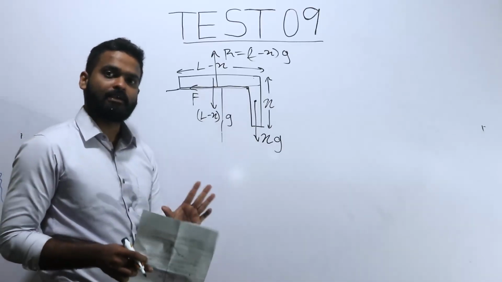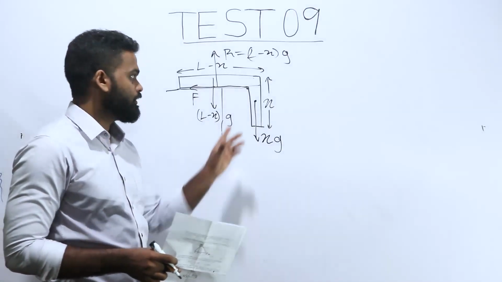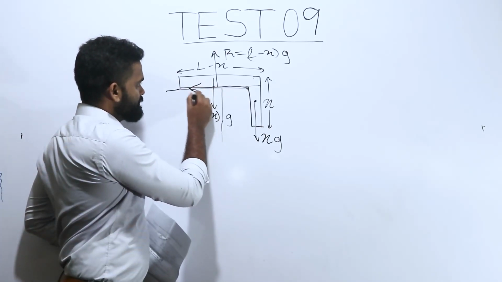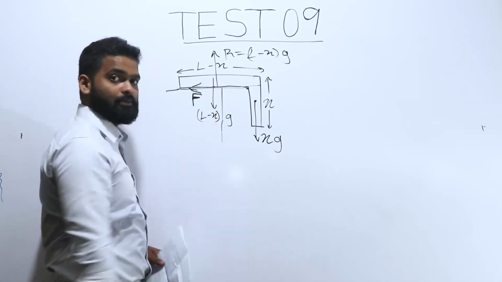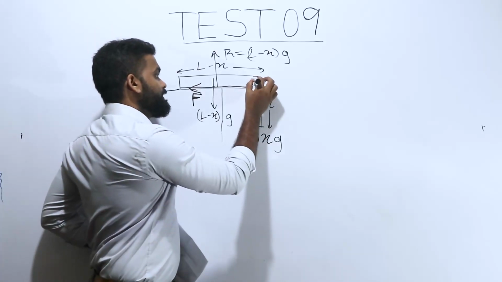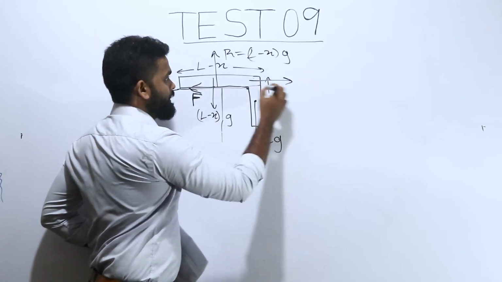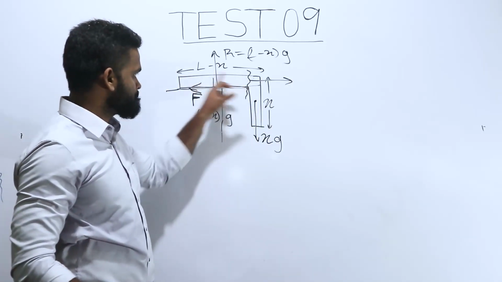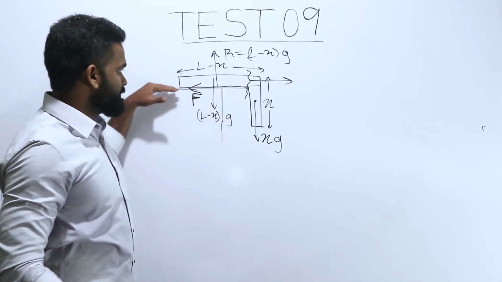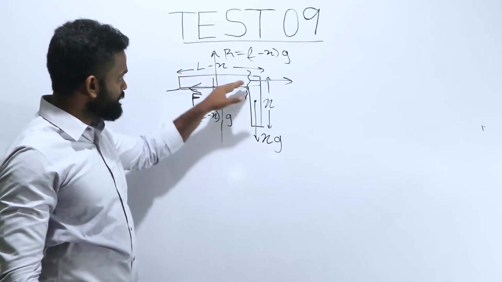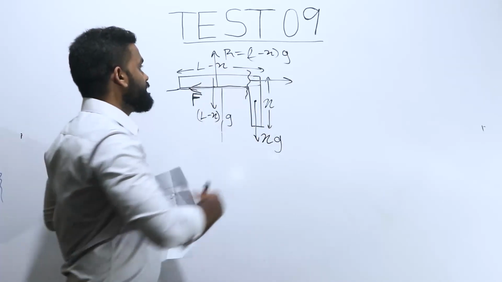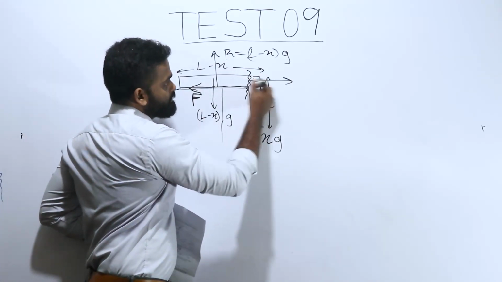Then I'm going to think about equilibrium of this part. Let's say the friction on this part is capital F. I'm thinking only about the equilibrium of this part. Friction to the other side is capital F. Then the force due to the weight of this part, there's a force acting on this part to this side.